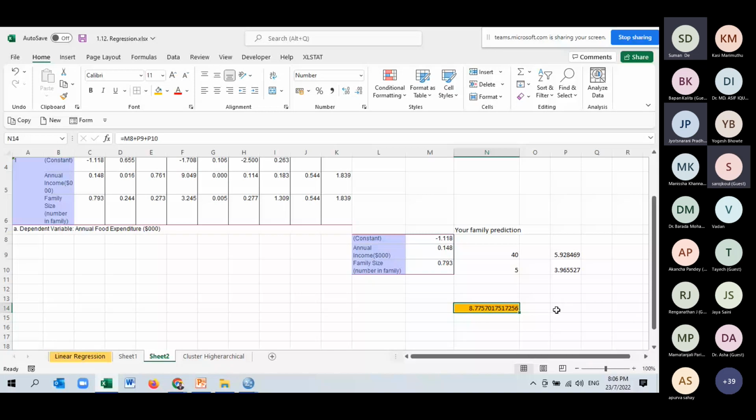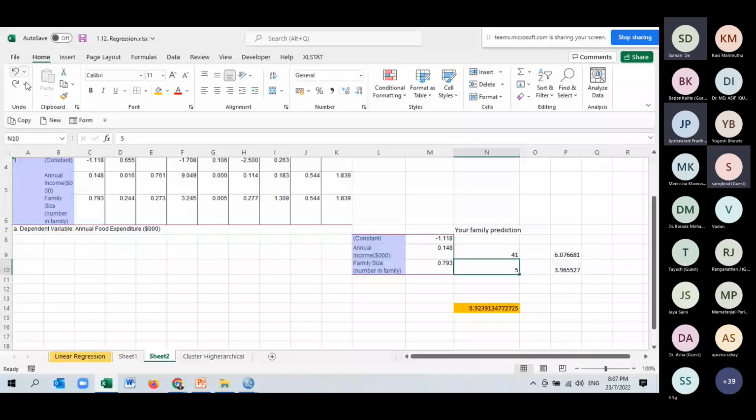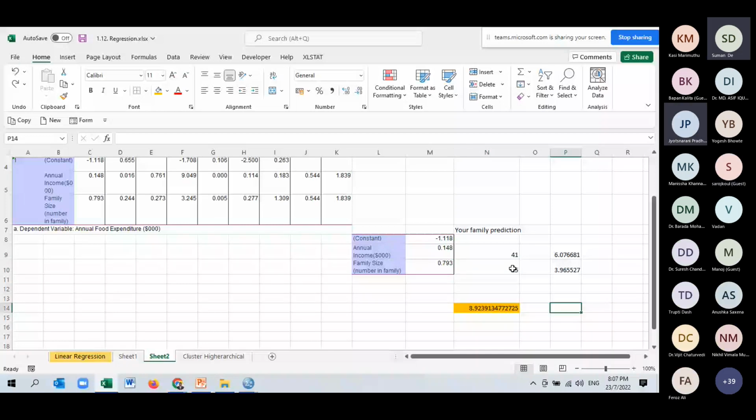Suppose 41,000 and 6 members, their expenditure will be $9,000. If the family size is 6, the expenditure will be this.